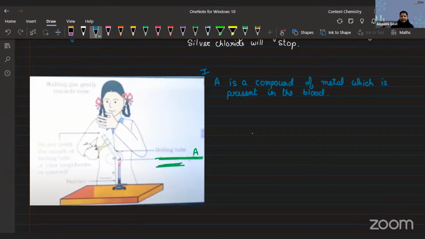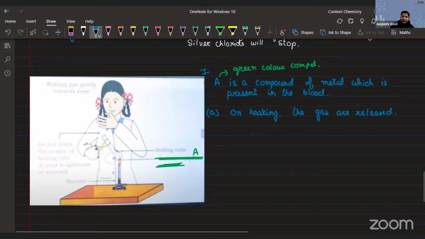Point number 1. Second thing, on heating. Okay, now I have to give you a little bit more information. That is, A is a green color compound. And on heating, what is happening? Gases are released. So what type of reaction is it?